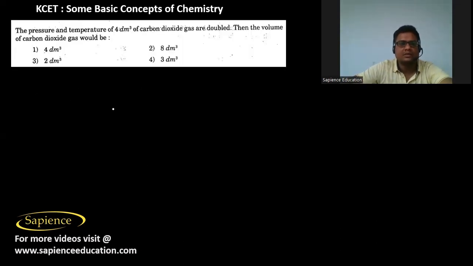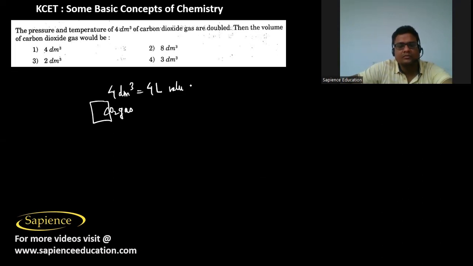Then here it is told the pressure and temperature of a 4 decimeter cube of carbon dioxide gas are doubled, then the volume of the carbon dioxide gas is... So 4 decimeter cube means 4 liter volume is there.